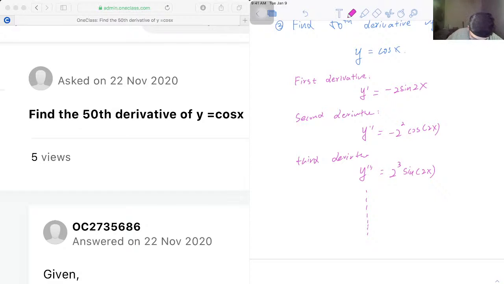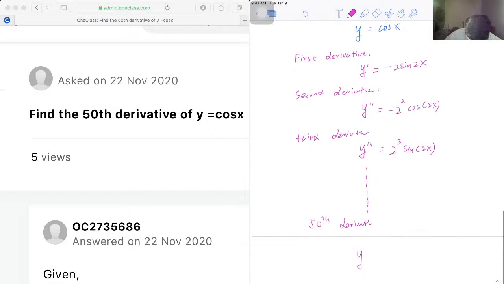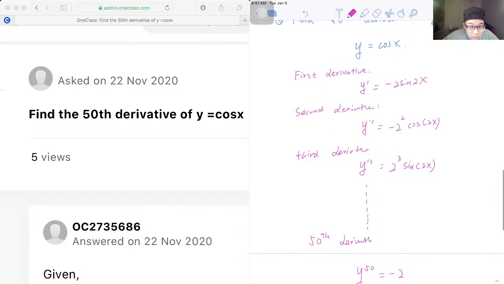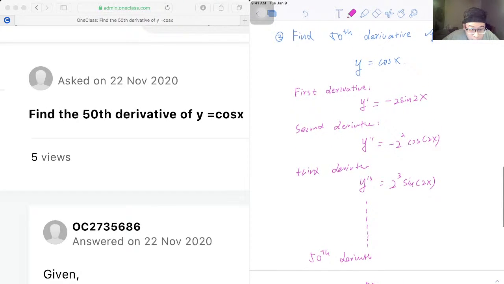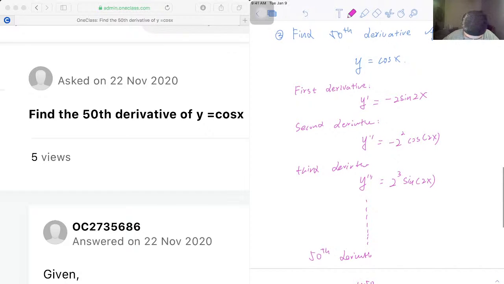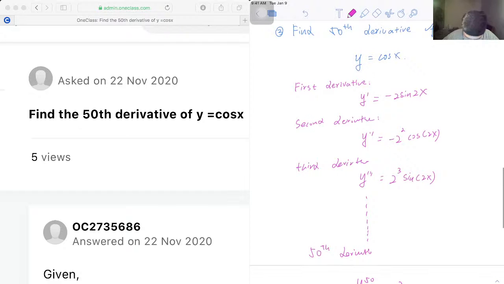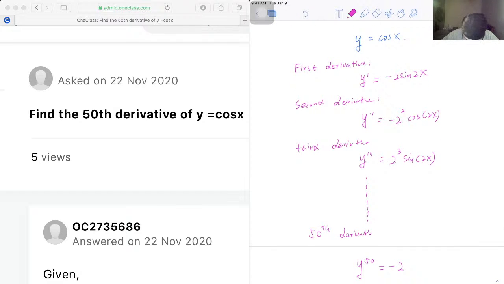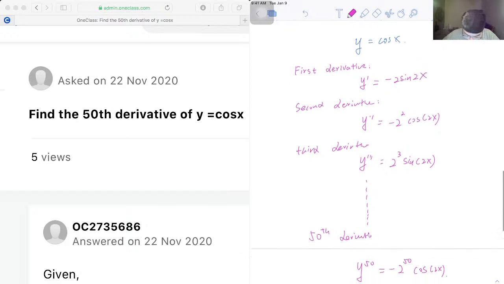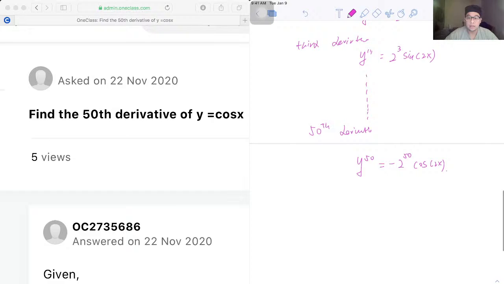If we keep going, the 50th derivative will be negative 2 to the 50 times cosine 2x. And that will be our answer for this question.